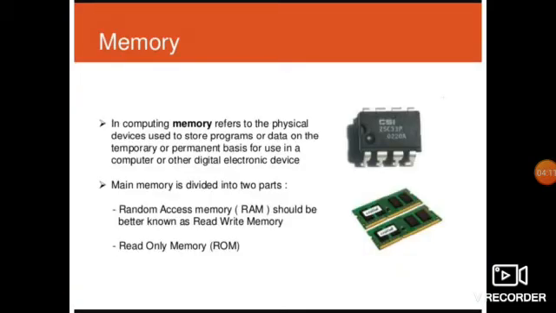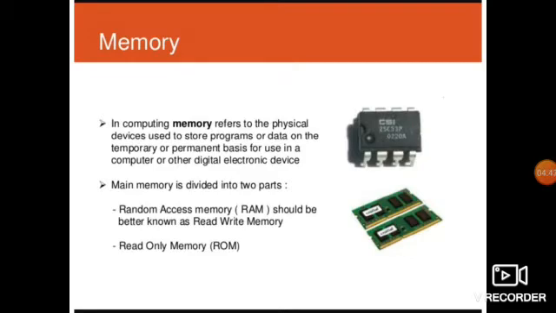Now the topic is memory. Like a human, a computer has memory to store data and information. In computing, memory refers to physical devices used to store programs or data on a temporary or permanent basis for use in a computer or other digital electronic device.